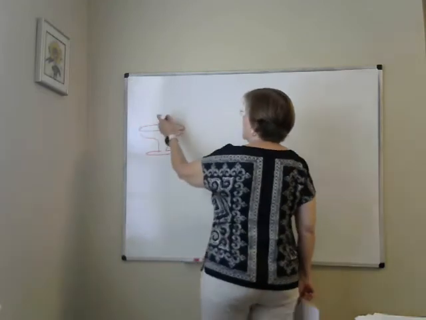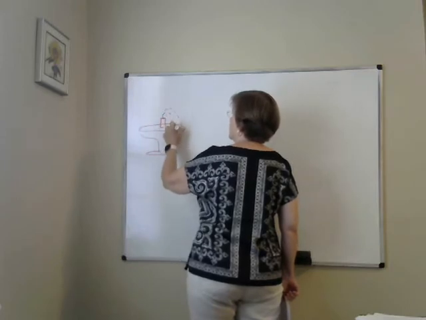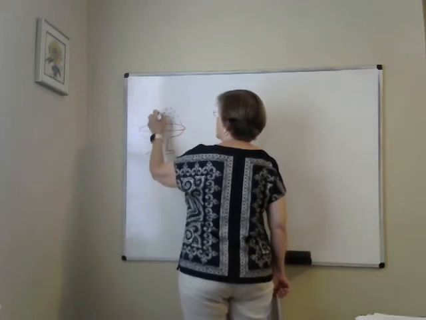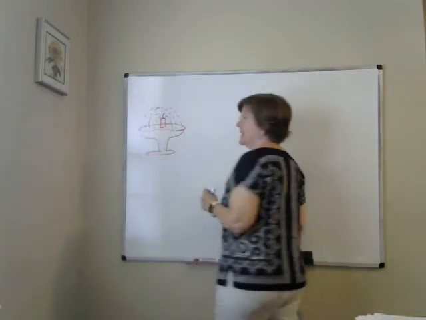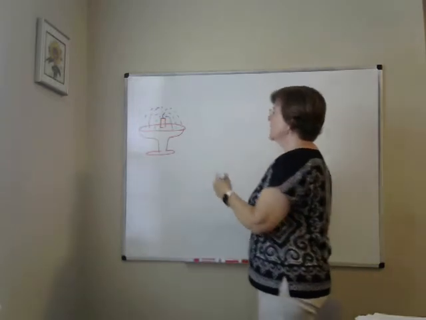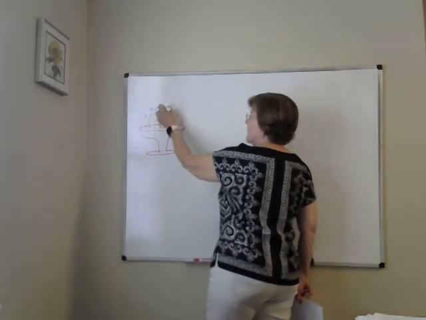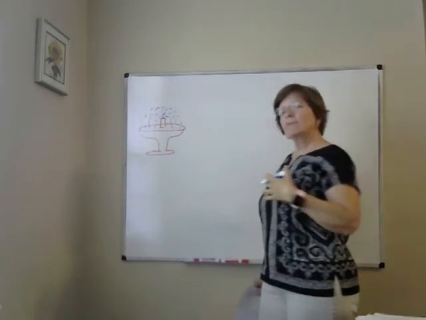And it's shooting water out of the top, and all this water falls back into the basin. And we don't have to do anything to make these water droplets fall. When they get shot out, they naturally fall back to the ground because of gravity.